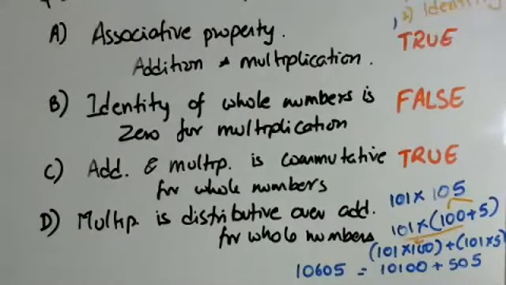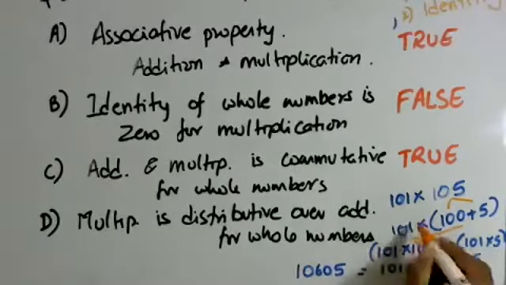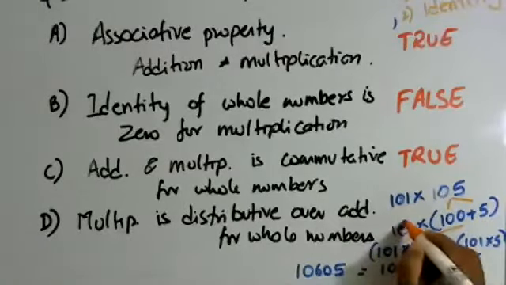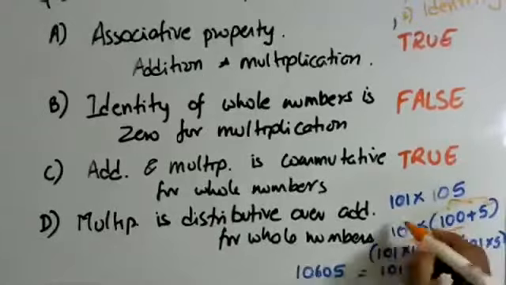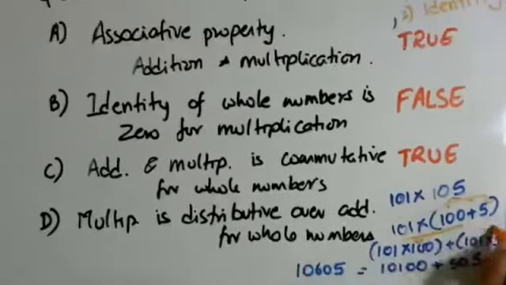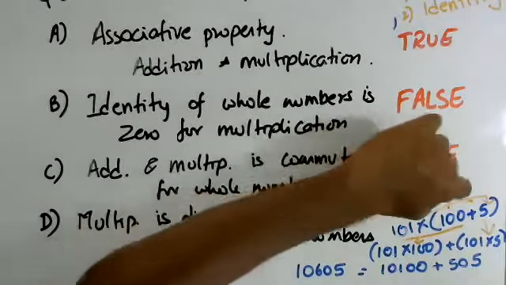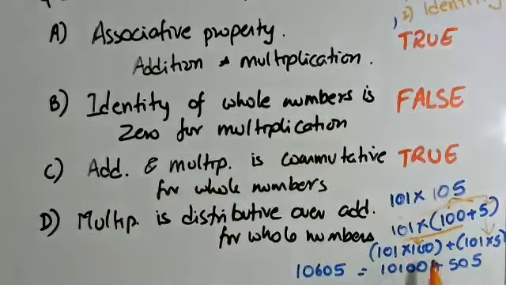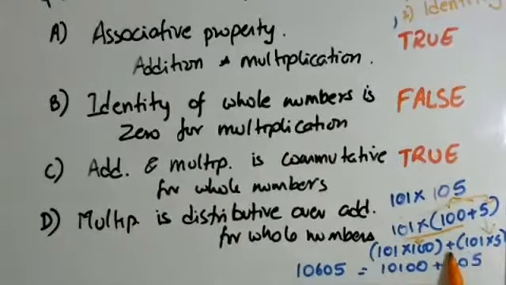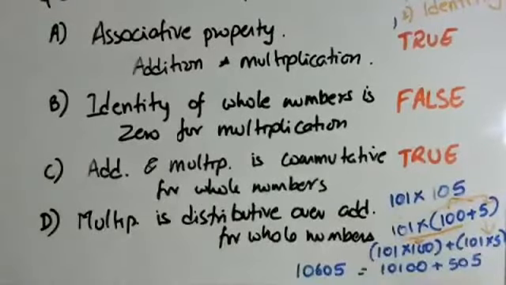Yes, sir. Okay. So then what I do is I multiply the 101 with the 5 and I write that down over here. So what I have done therefore is I have distributed the multiplication of these two numbers as an addition between two products.